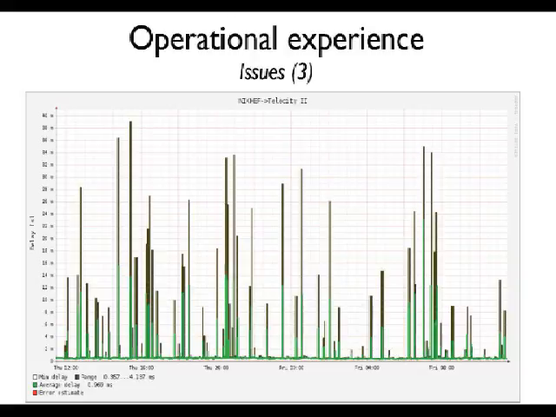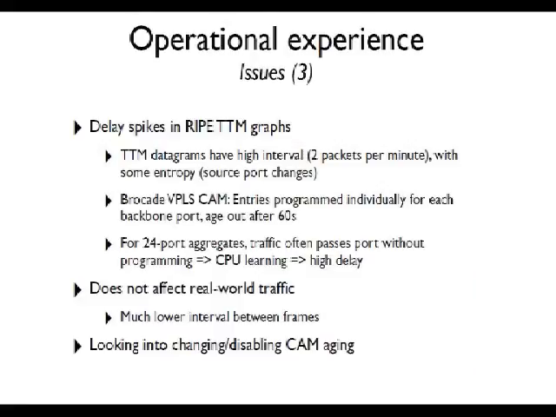It took a while before we figured out what was going on here. And it has all to do with the attempts from TTM to not overload your network. They send about 2 packets a minute. There's some entropy in it with the source port, so one packet goes over one link, and the next packet might go over the other link. And if it goes over the other link, it needs to do some CAM programming.